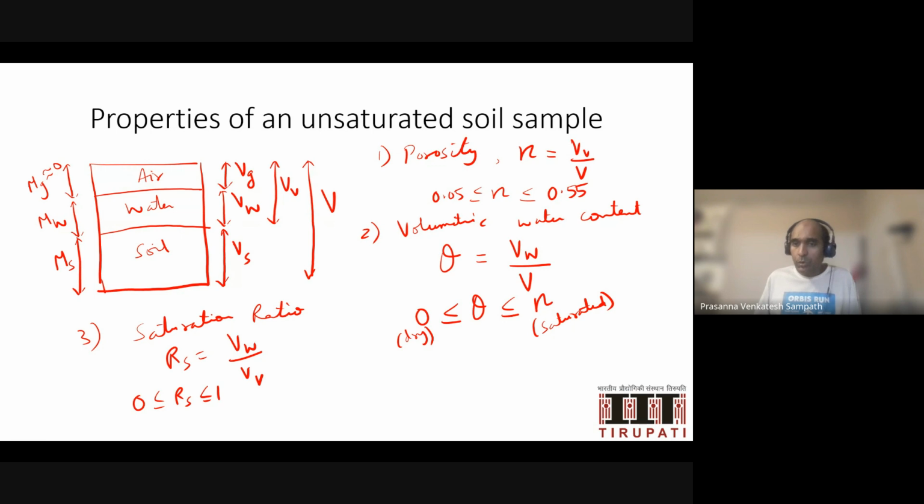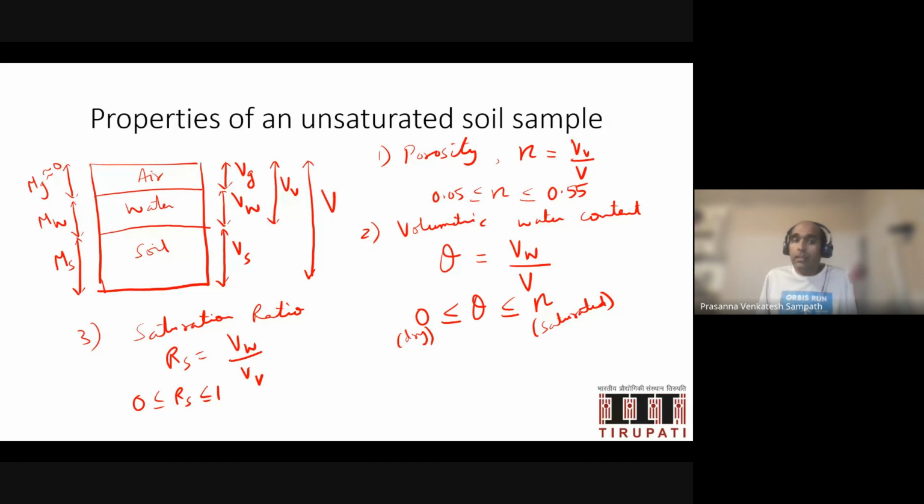I told you that this can sometimes be a little misleading, because if you see a volumetric water content of 35% or 40%, our instinct is to say that the sample is 40% saturated, but that's not what this is. The value can only be between 0 and n, where n is the porosity of the material, which cannot be more than 55%, depending on the type of soil.